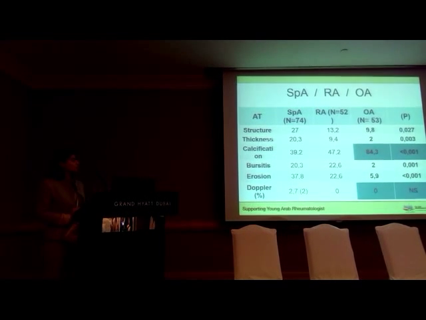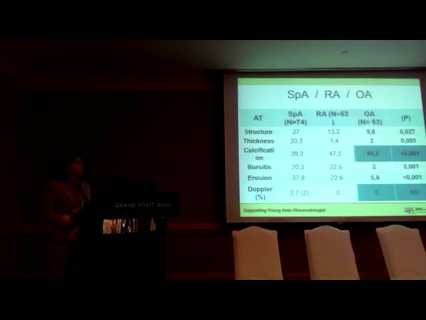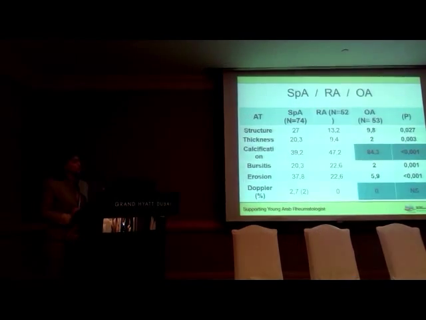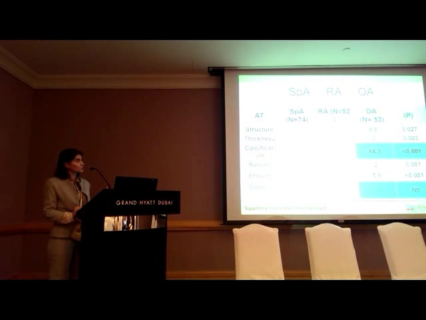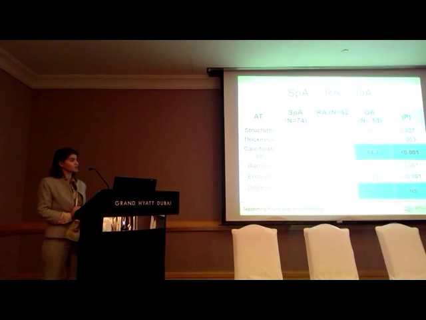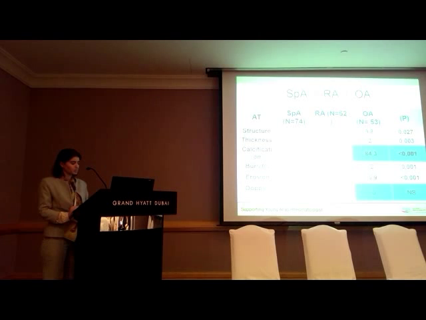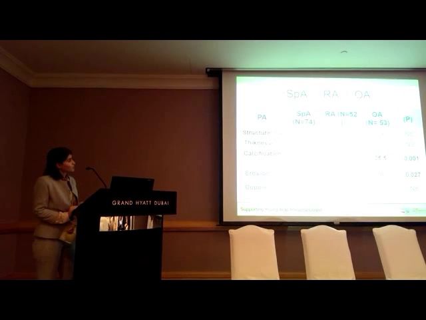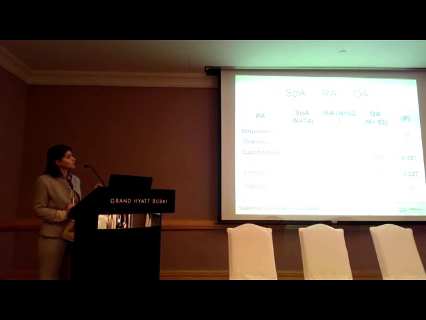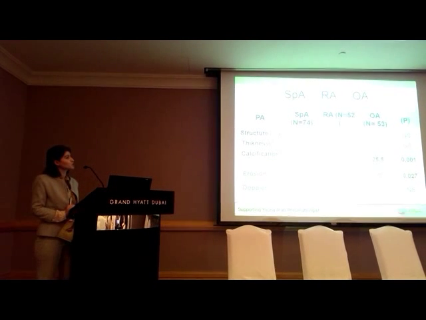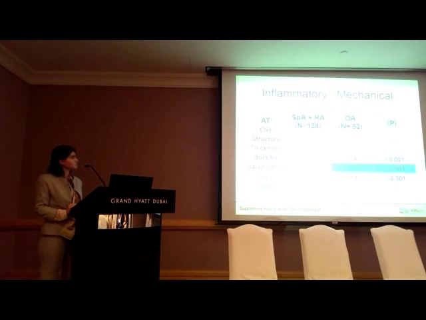For the Doppler we noted no statistical difference. You will note that we have no statistical difference between all the groups for the Doppler because of the low sensitivity of our US machine. For the PA, the same: calcification was more frequent in osteoarthritis and there was no erosion in osteoarthritis.